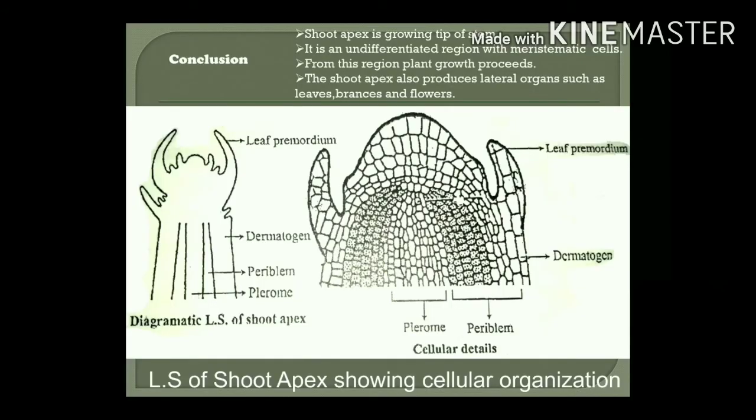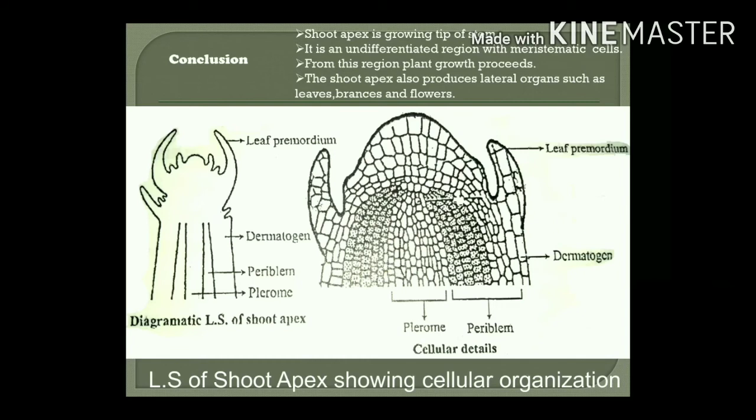The cells of dermatogen divide anticlinally and add new cells, and finally give rise to the epidermis of the stem. The dermatogen possesses many small prolongations called leaf primordia. The leaf primordia arch over the growing tip and protect the shoot apex.